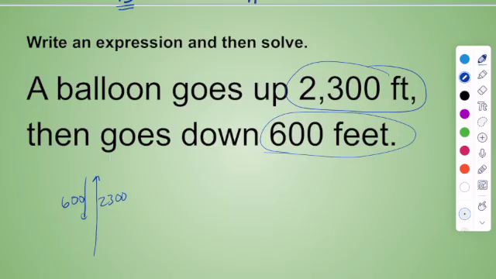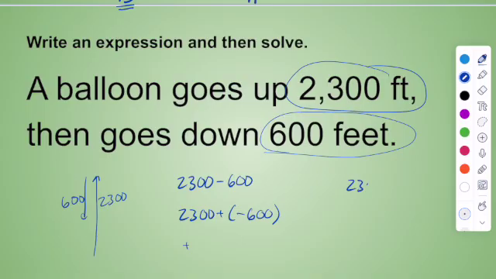So I can set it up as 2,300 minus 600, or 2,300 plus negative 600.